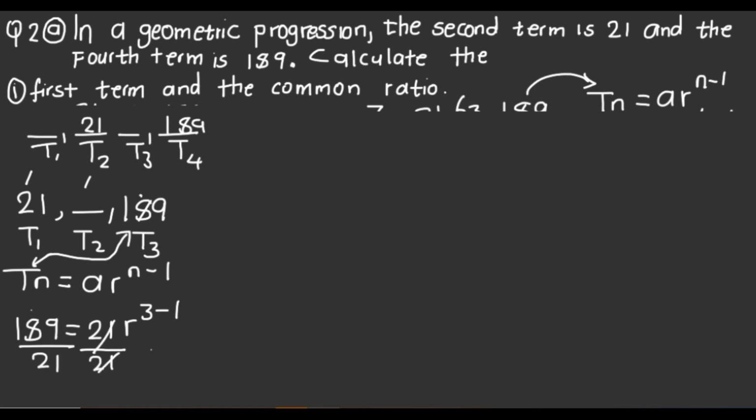If we cancel, we have R raised to the power 2, since 3 minus 1 is 2. Then 189 divided by 21 is 9. Then we take the square root, also here the square root. R is equal to 3. So if you are able to get the ratio, you can find the previous term, or the one in front. So here is 63, here is 7. So this is how we can find the answer to a question like this one.